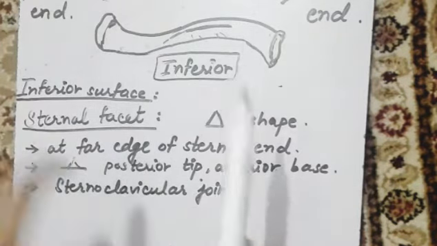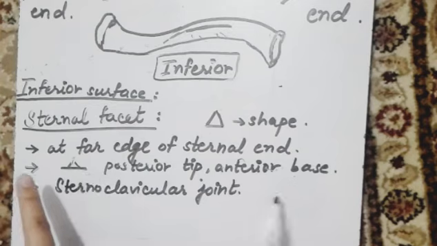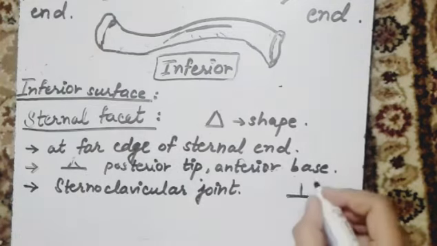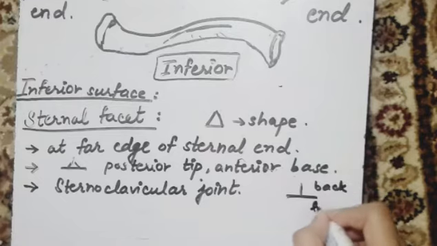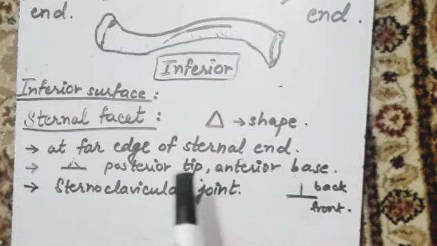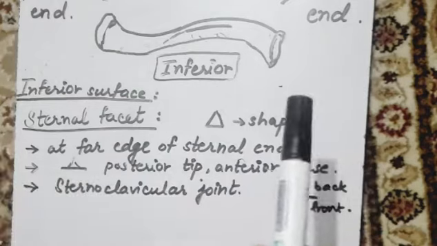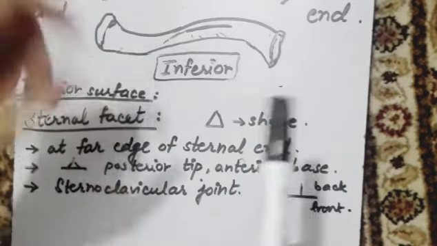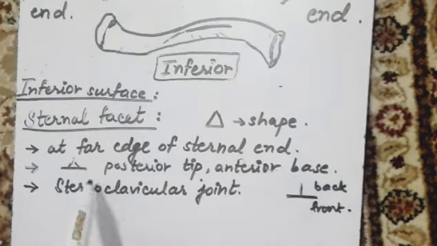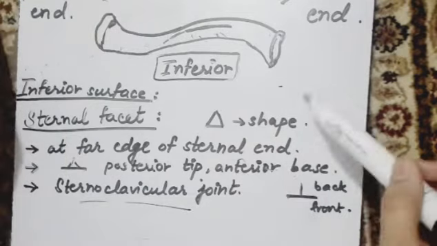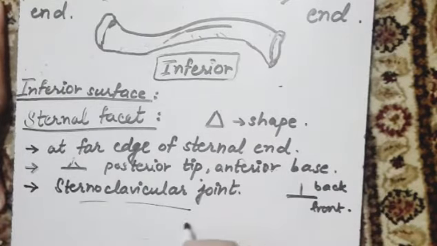Posterior means back and anterior means front. There's a base on the front of it, a tip and a base. It's also triangle shaped and present in the sternoclavicular joint. The acromial facet was present in the acromioclavicular joint, and this one is found in the sternoclavicular joint.